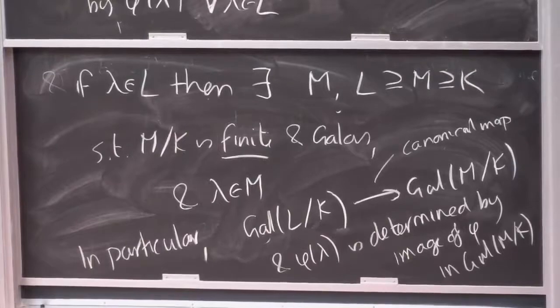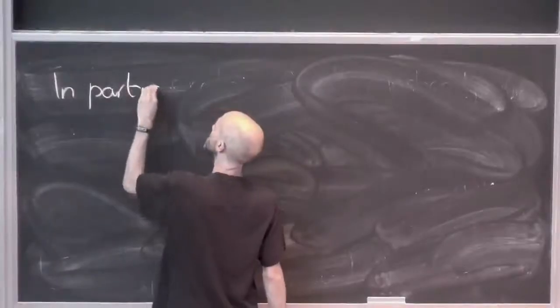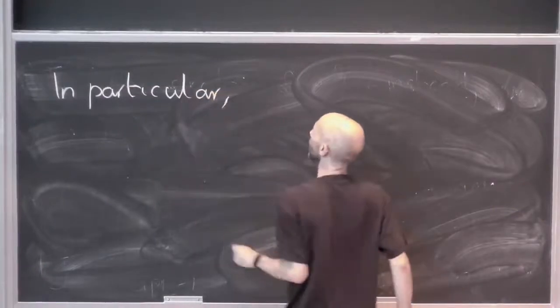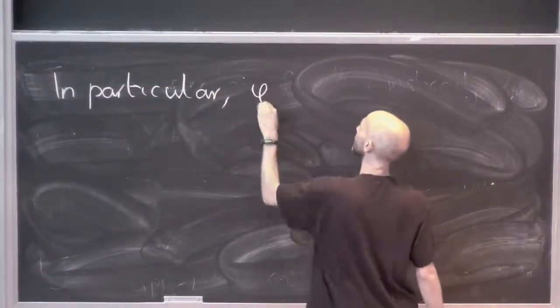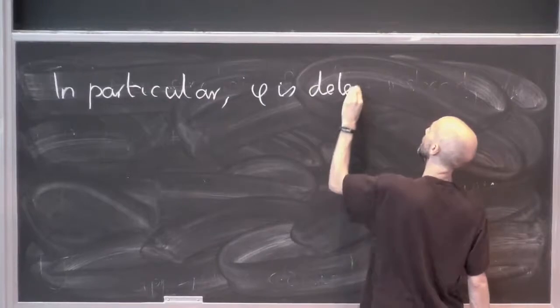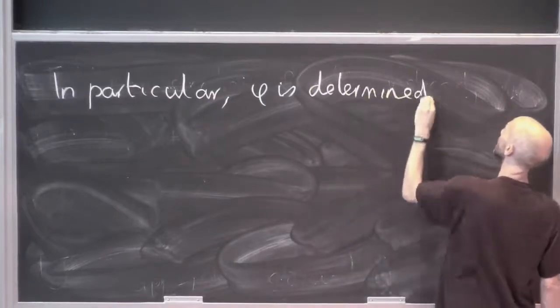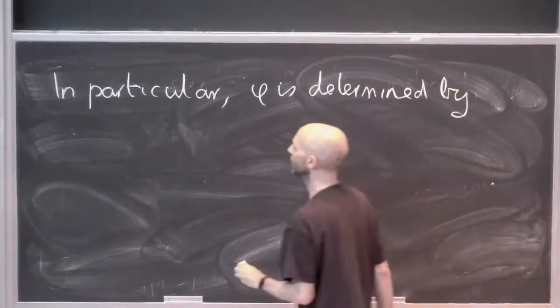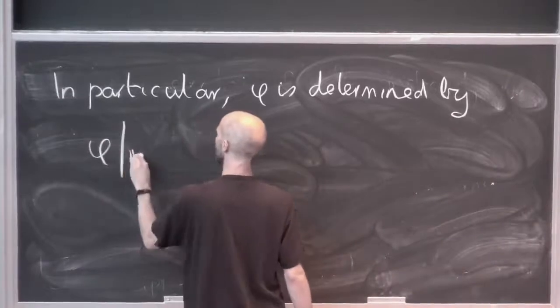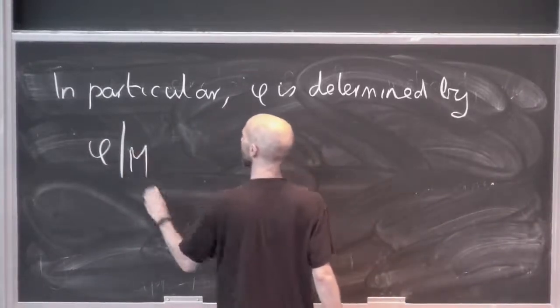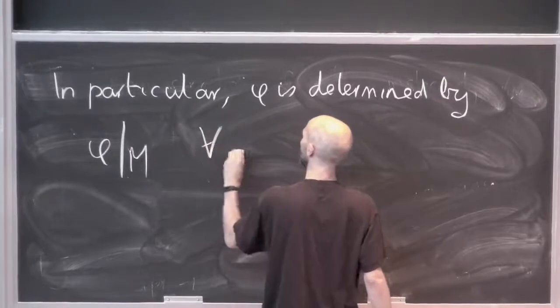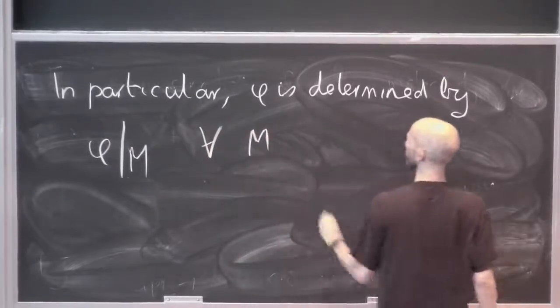In particular, phi is determined by phi restricted to M for all M. So what is this M?